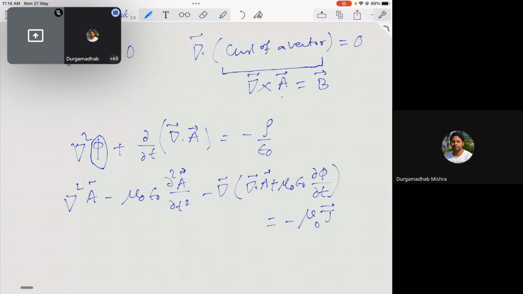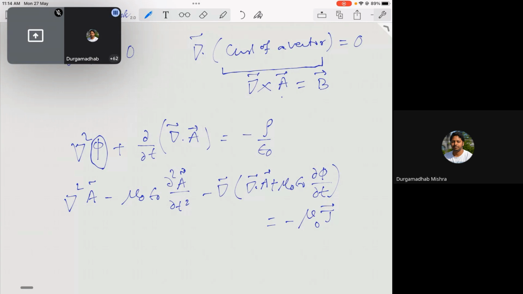There is a second derivative, there is a first derivative, then there is some constant term. So it is an inhomogeneous differential equation, which is not easy to solve, but nevertheless we can write the four equations as these two coupled equations.